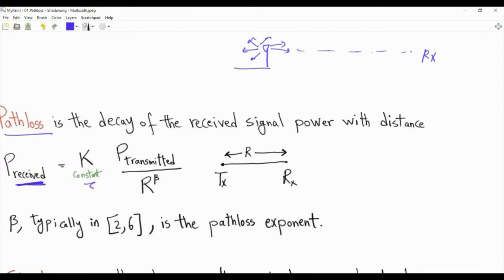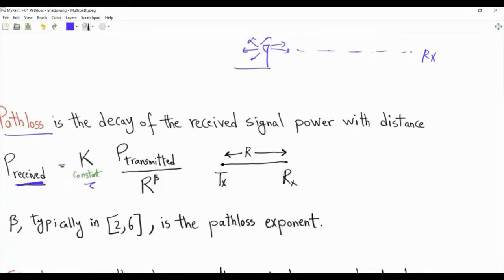In free space, this beta will be equal to 2, but the wireless environment is much more complicated, and so there is a path loss exponent, beta, typically in the range from 2 to 6. And you can obtain this beta by doing measurements.